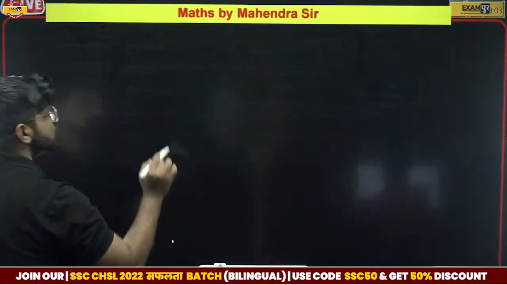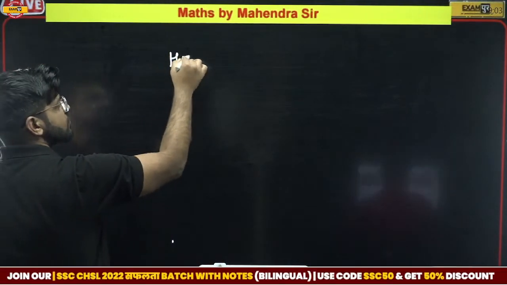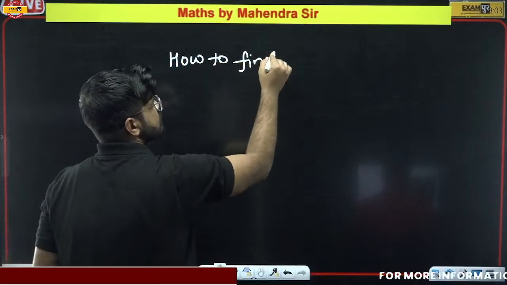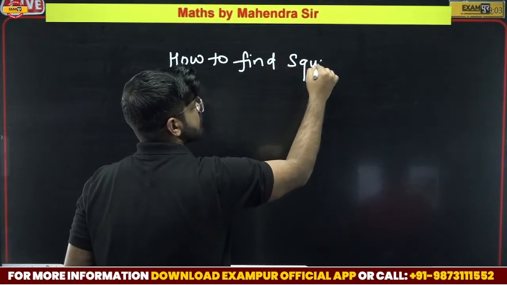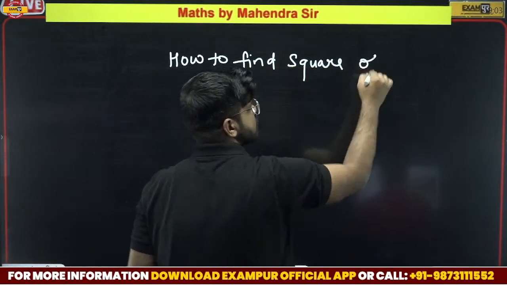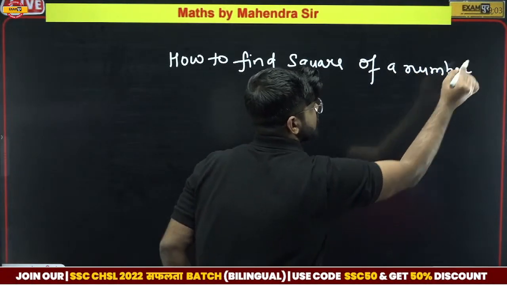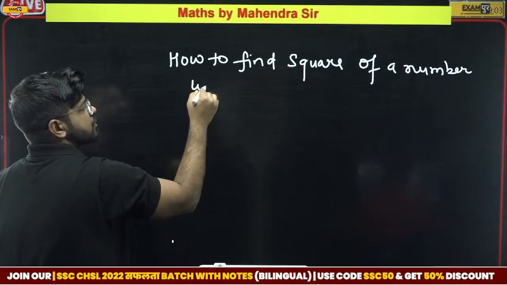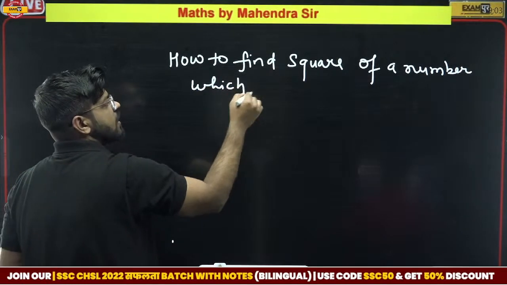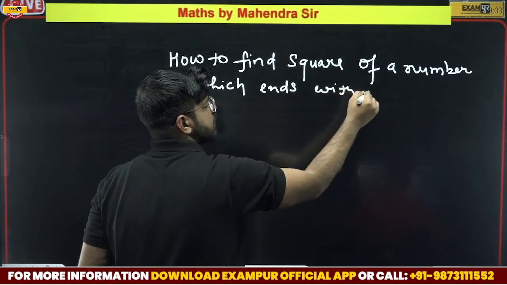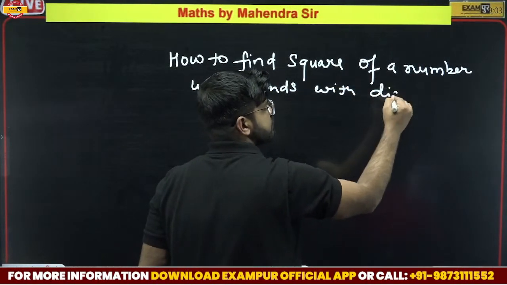You all know how to find the square of a number which ends with digit 5.